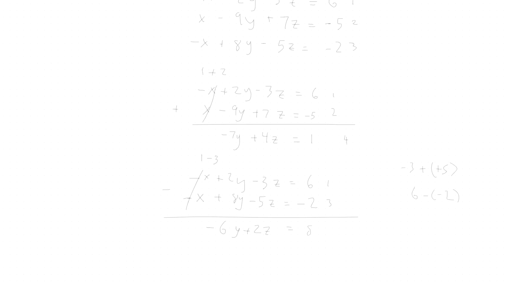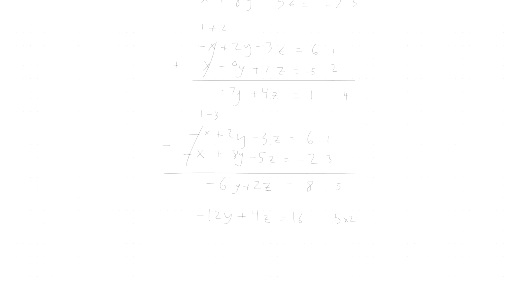Look at equation 4 and equation 5 and their coefficients. How can we match up the y coefficients or the z coefficients? We can take equation 5 and multiply it by 2, so the z coefficient will be 4, which matches the z coefficient of equation 4.